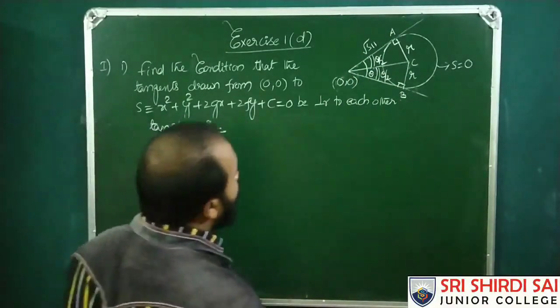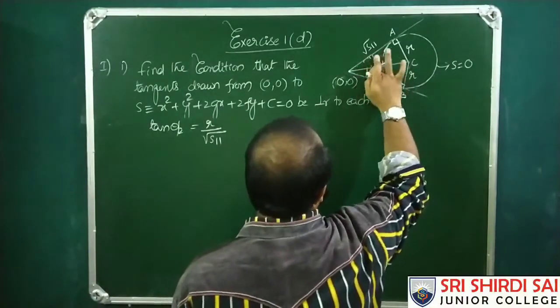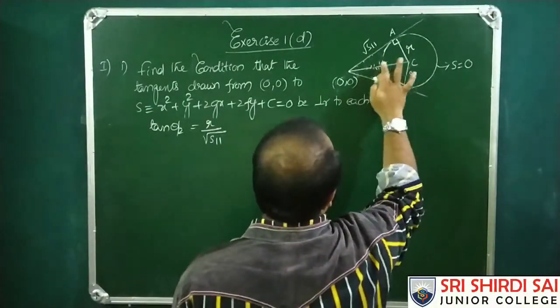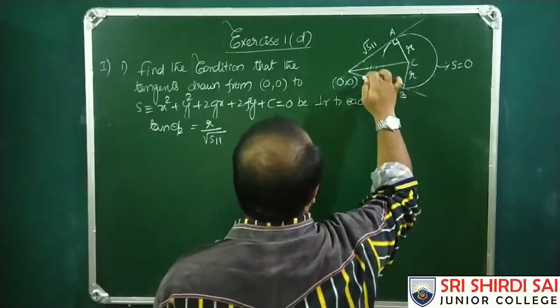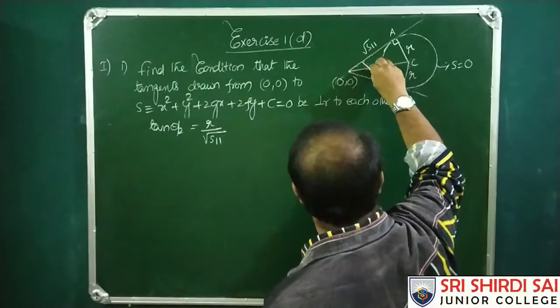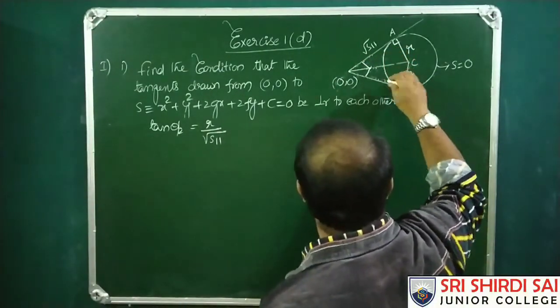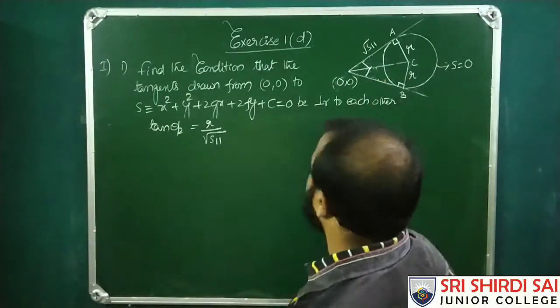Here the condition given is that theta is 90 degrees, because the two tangents are to be perpendicular to each other. If this is 90 degrees, then what is the condition?